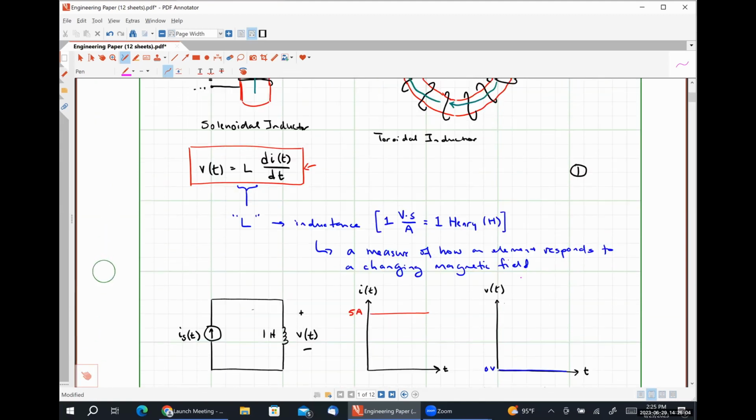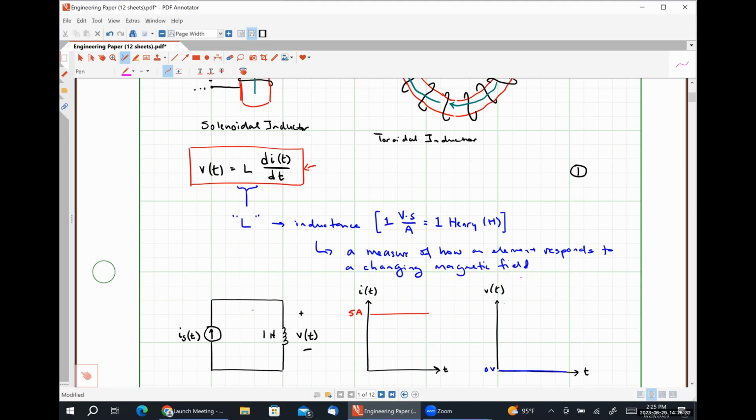scrolling up here so we can look at this first relationship again. We've talked about the consequences of this relationship and how they inform us about how inductors behave. What we're going to do now is simply rearrange this relationship to get our second relationship, right? So this first relationship tells us what the voltage is when we know how the current is behaving.